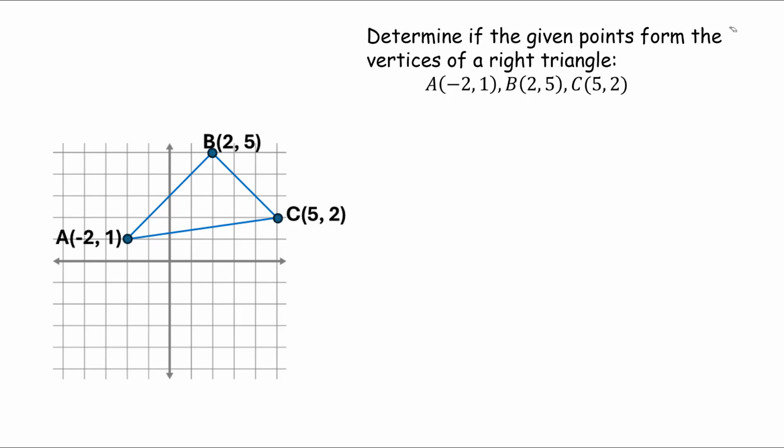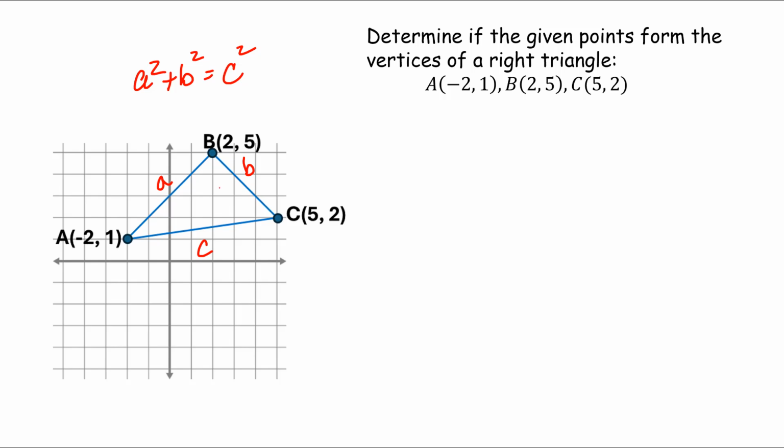If we wanted to determine if the given points form the vertices of a right triangle, we can find the distance between each pair of points and see if those distances work in the Pythagorean theorem for a right triangle. So if this side is A and this side is B and this side is C, we want to see: does A squared plus B squared equal C squared for this triangle?